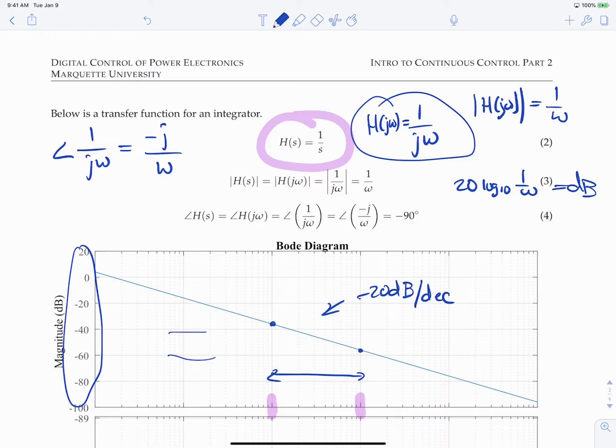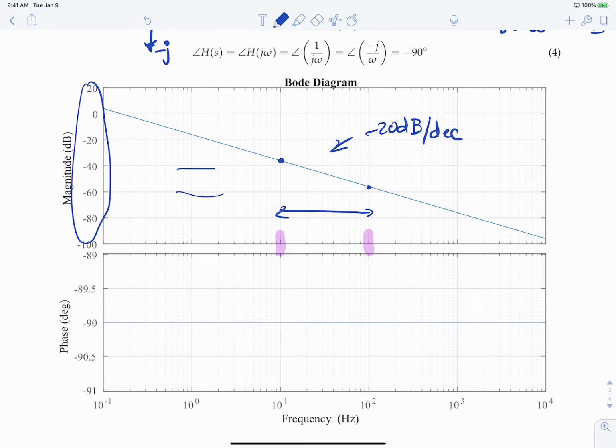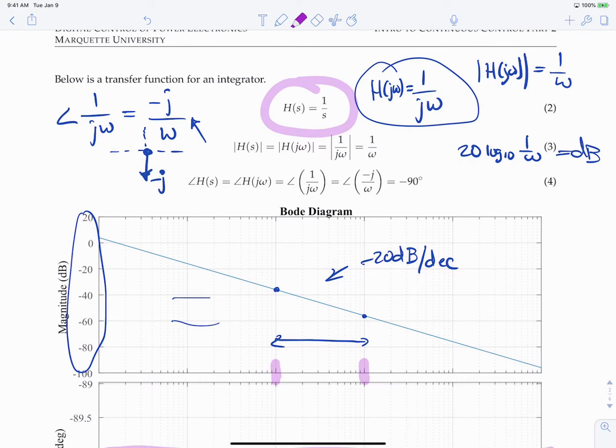The one thing to note is the angle of this complex number is always fixed. It's always at minus 90 degrees, regardless of what omega is, rather. So it's a complex number that is literally just pointing straight down. So as we look at our phase plot here, this is why you see a straight phase relationship across frequency, minus 90 degrees. And that right there is the integrator.